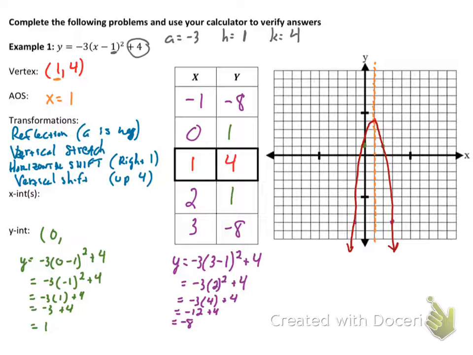Now we need to look at the x-intercepts, and to do that, we need to use our graphing calculator. I'm going to hit y equals and plug in the function just like you see it: -3, parentheses, x minus 1, parentheses, squared, plus 4. After I have that typed in, I'm going to hit the graph button to graph my quadratic.